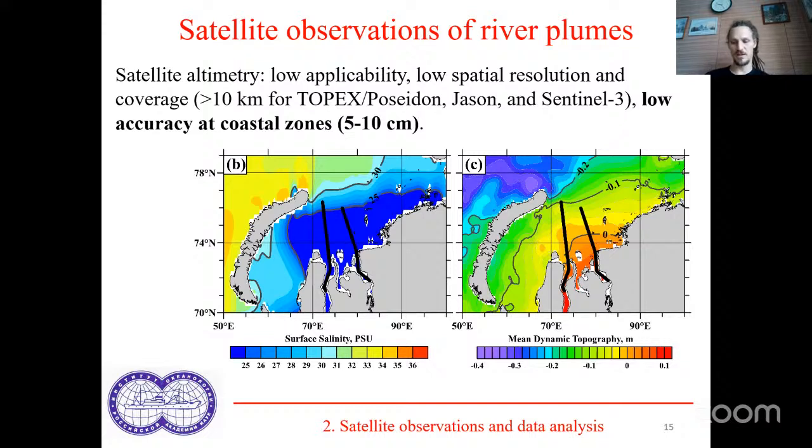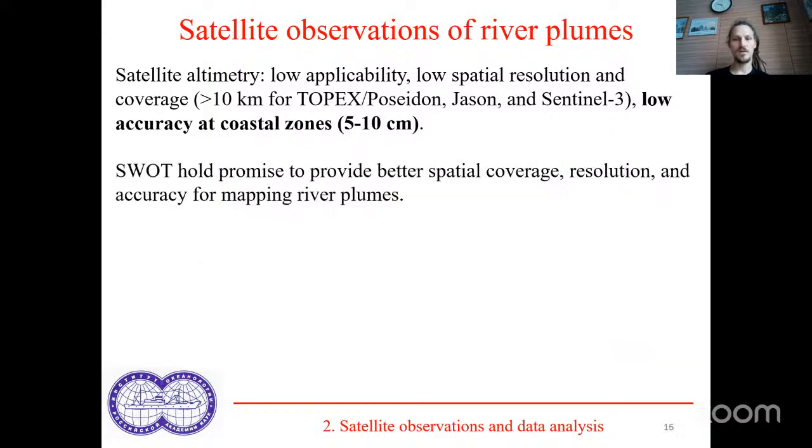Sometimes it gives misleading results. The new altimetry satellite SWOT holds promise to provide better spatial coverage, better resolution and better accuracy for mapping river plumes.